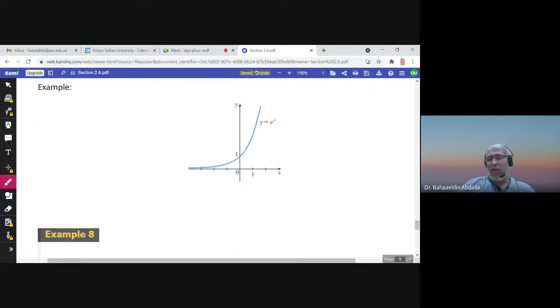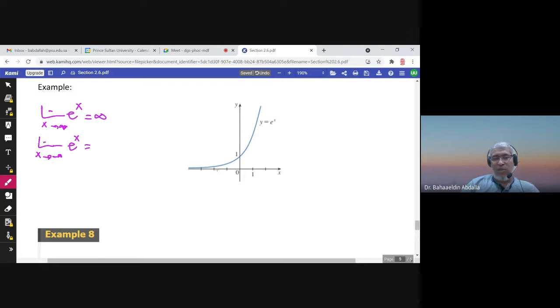Look now to the graph of e to the power x, the natural exponential function. If I ask you, what is the limit of e to the power x when x approaches infinity? What would be your answer? As x approaches infinity, the function goes to infinity. What about the limit of e to the power x when x approaches negative infinity?